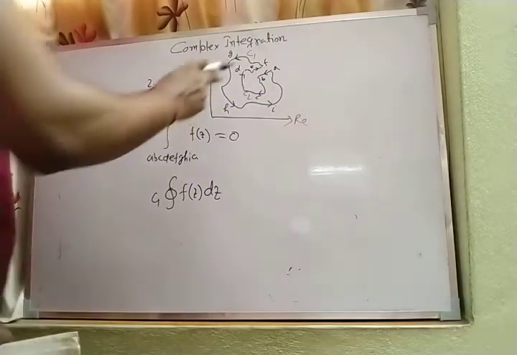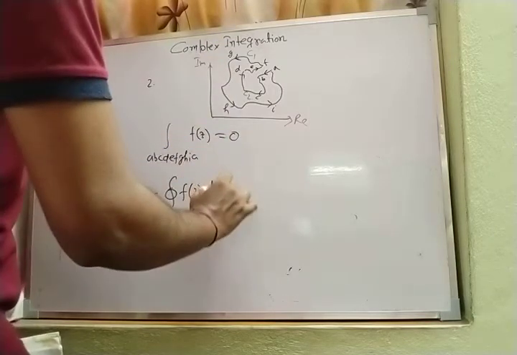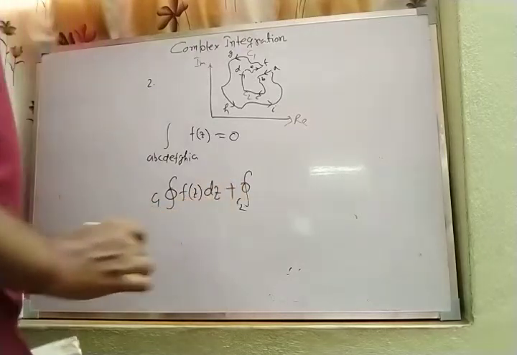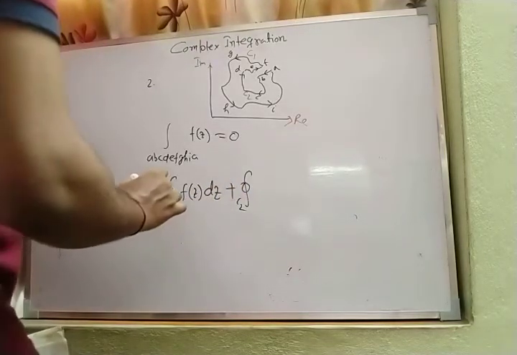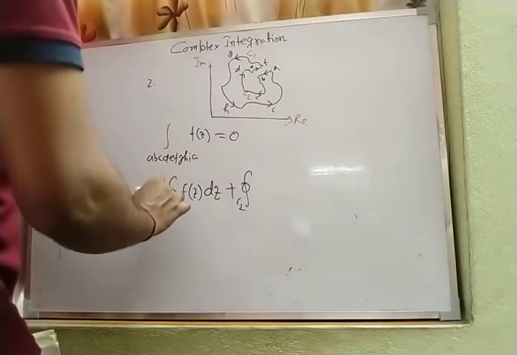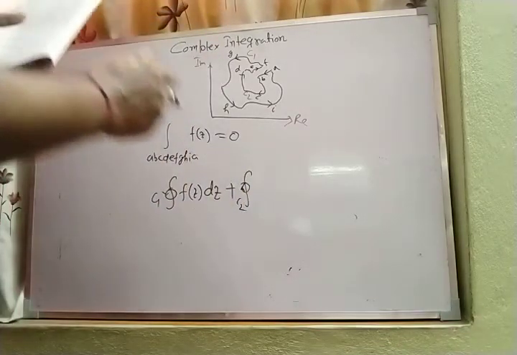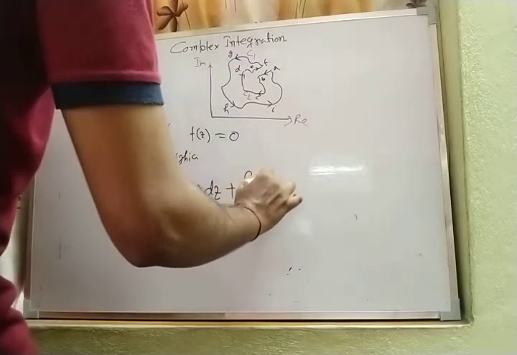Okay, now plus integration C2, now integration C2, that is F of Z dz.